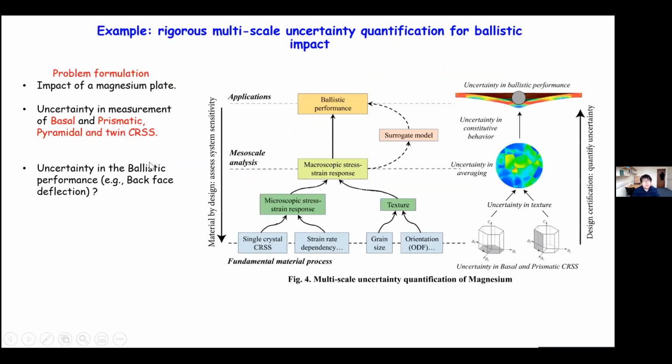So here what we have is a plate impact of magnesium alloys, where we're trying to quantify the uncertainty which is associated with the slip and twin critical resolved shear stress, which is a grain level uncertainty. And we're asking the question, how would this uncertainty propagate all the way to the macroscopic ballistic performance? And we've followed this modulus of continuity approach.